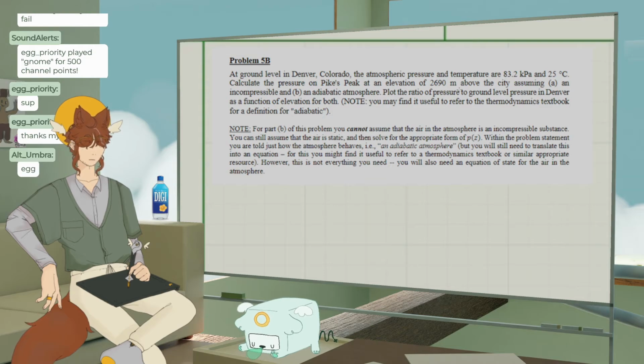Okay, so if it's incompressible, we're going to have the density of air as a function of temperature. Now, I could make an equation for that. I don't know if that's what he wants, though.